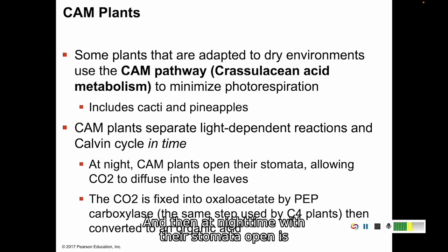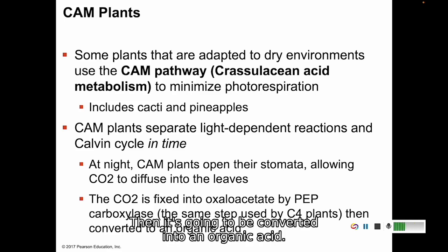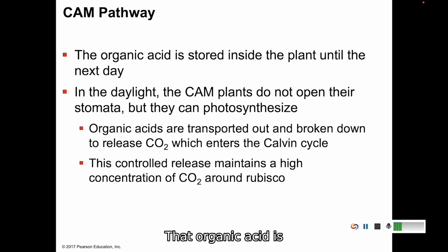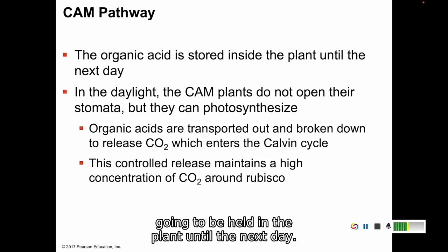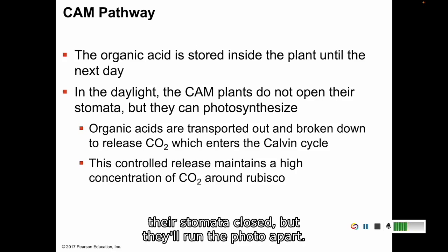And then at nighttime, with their stomata open, is when they're going to run the Calvin cycle. In CAM plants, carbon dioxide is going to be fixed into oxaloacetate, and then it's going to be converted into an organic acid. That organic acid is going to be held in the plant until the next day, and in the daylight, they are going to keep their stomata closed, but they'll run the photo part, the light reaction, again.